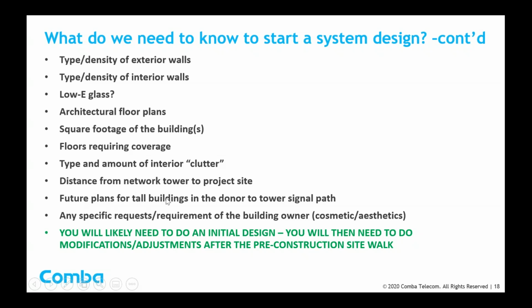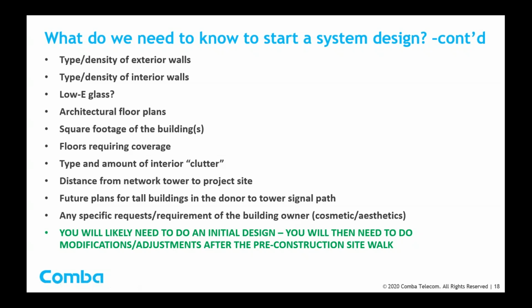Find out if you can whether there are any future plans for other tall buildings that are going to be built, maybe a year from now, that would end up in the pathway from your donor antenna on the roof to the tower. And the other thing you want to know is specific requests or requirements of the building owner.